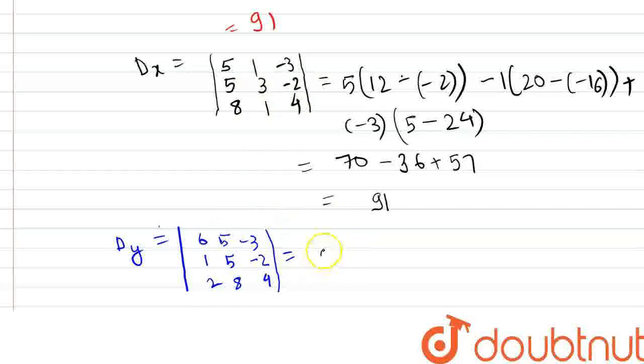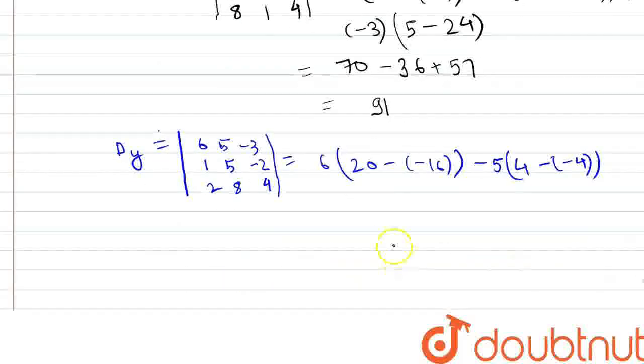On calculation, we get 6 times (20 minus 16) minus 5 times (4 minus 4) plus minus 3 times (8 minus 10).